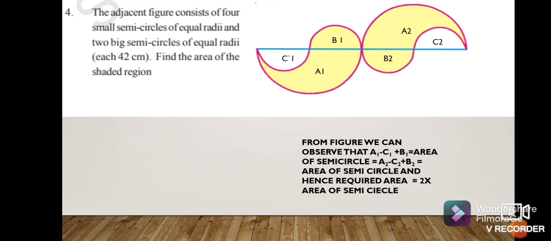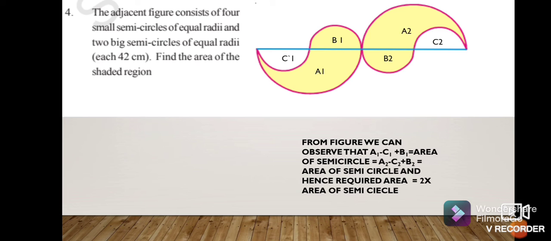Then automatically we have the B1 also shaded. So we have to add that B1 to that A1 minus C1. Then we get the shaded region of the first part. But it is again equal to the area of the semicircle. Unshaded is subtracted, shaded is added. So overall we will get one big semicircle. Okay, now again the area of the semicircle, and hence the required area is here.